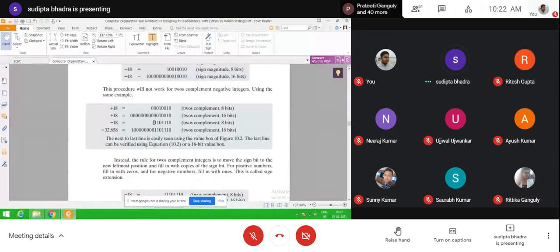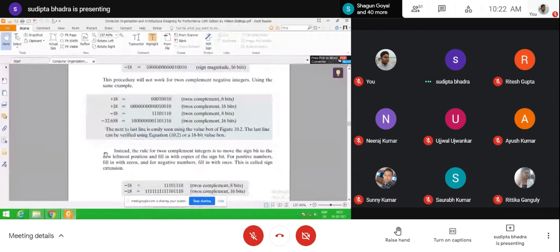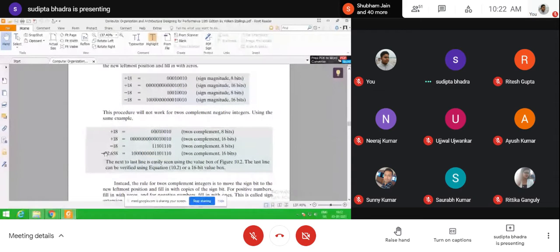And this binary number for minus 18 will give you a value of minus 32,650. So in case of range extension, this problem is there.